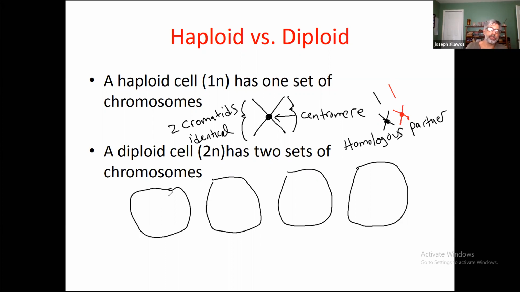So what if I draw some cells now? Let's say these are cells. And what if I draw this? Remember, we're letting size represent homology. And what if I drew it like this? And I can ask you 2 questions about each of these cells.